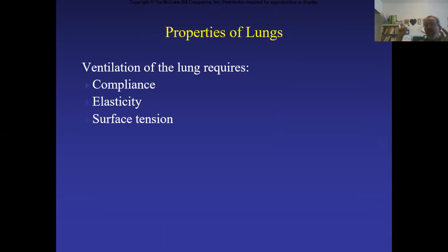First of all, we need the lungs to be compliant. That has to do with the ease of inflating, and we'll talk about what causes that shortly. Second of all, the lung has to be elastic. Once it inflates, it has to be able to go back to its original size to be ready to inflate again. And thirdly, there's a certain amount of surface tension in the lungs that needs to be minimized. And that's where we'll see the surfactant comes into play.